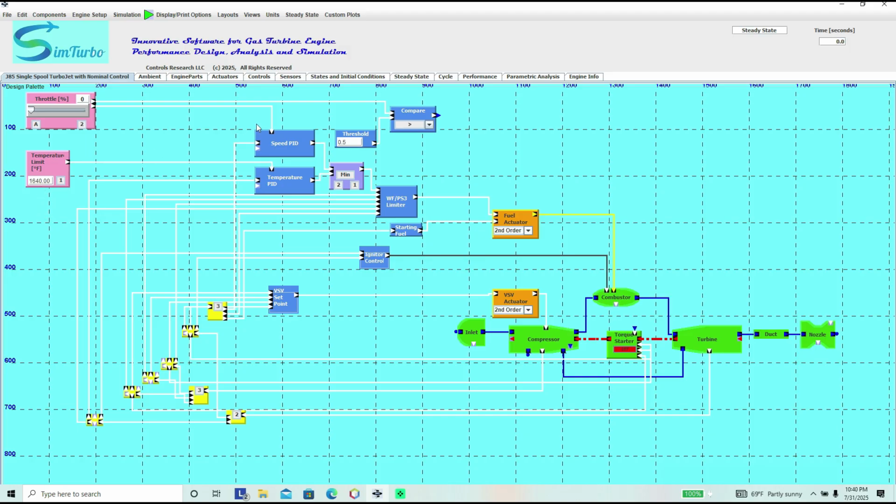And so here in the blue is our control system, and we have two PIDs, or proportional integral derivatives. The speed PID and the temperature PID are min selected so that we get the minimum fuel rate to control the engine.